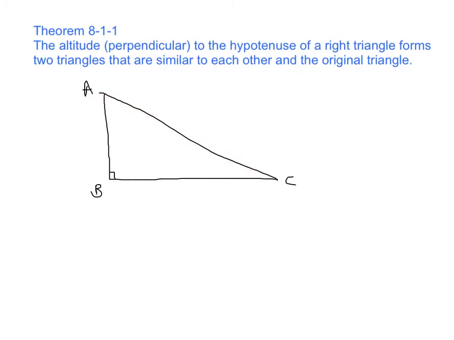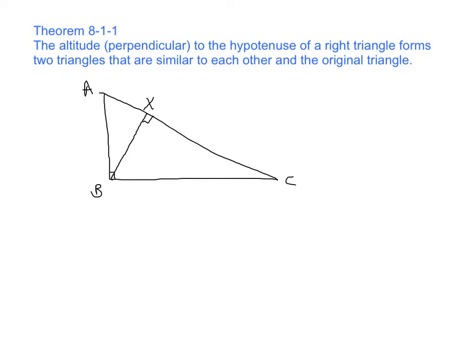So let's go ahead and draw on a line. Looks like it would be about this one, which would be perpendicular. And let's call this point X. What this theorem tells us is that it forms two triangles. Well, it did. It formed AXB and it formed CXB. So it formed two triangles, but these two triangles are similar to each other.